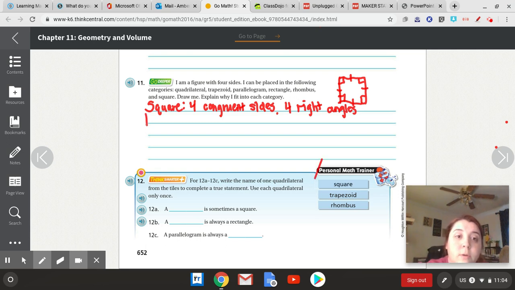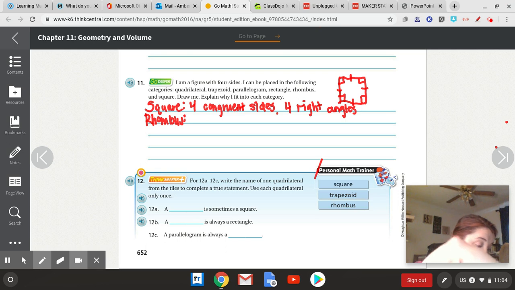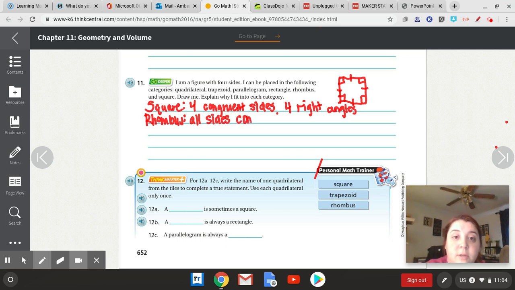Well, I also know that this shape is a rhombus because all sides are congruent. Okay, I see that. All sides are congruent. And my opposite angles are congruent.